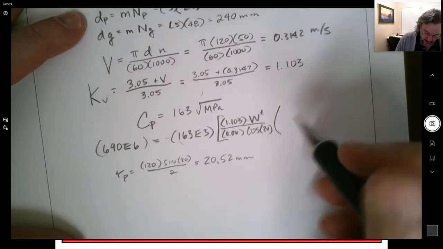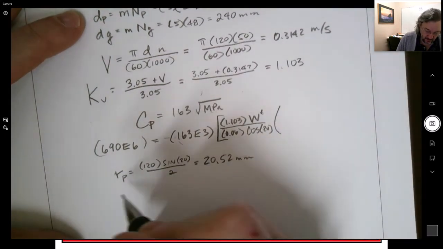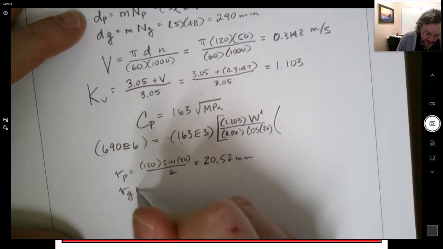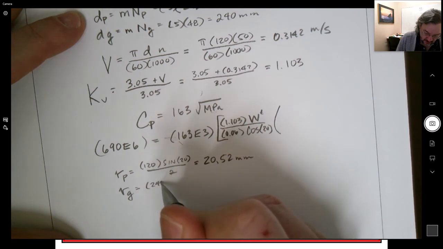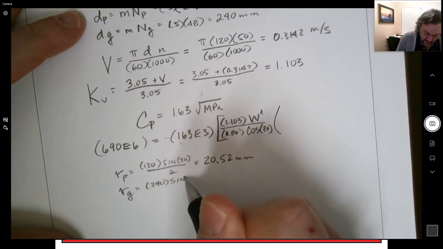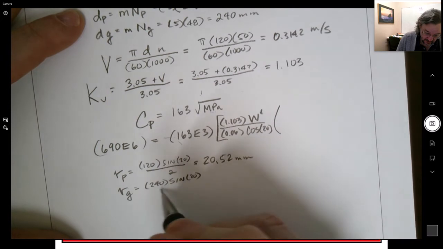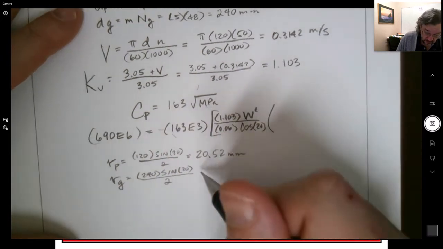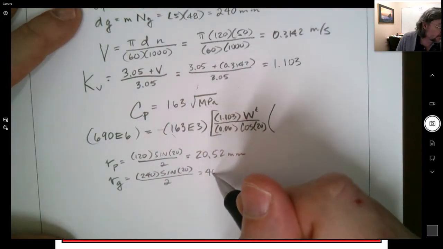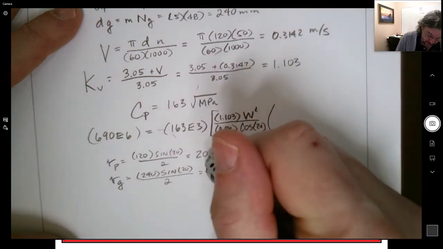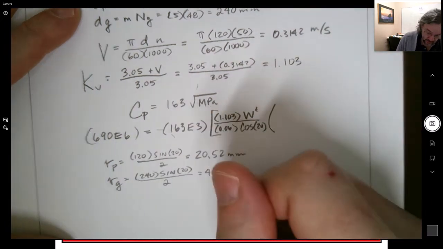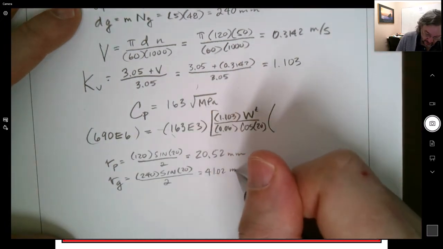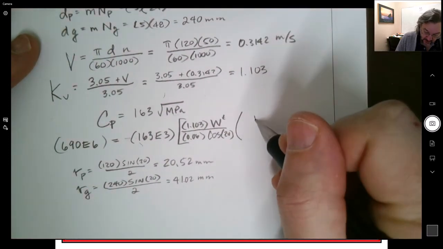When we put them up here, make sure we're putting them in meters. And then Rg, similarly, is just going to be twice that, because the number of teeth was twice the number of teeth. So that was 41.02 millimeters.